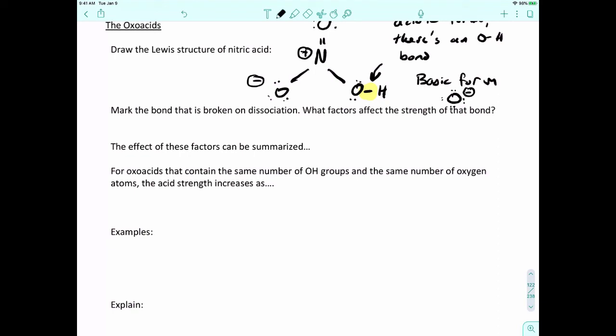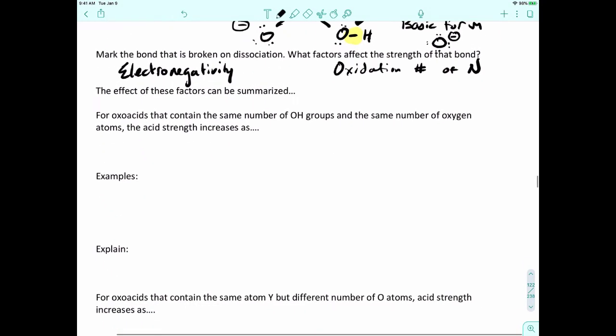There's actually two things. The electronegativity affects that, okay? And also the oxidation number of nitrogen. Okay, so we can summarize these factors up.